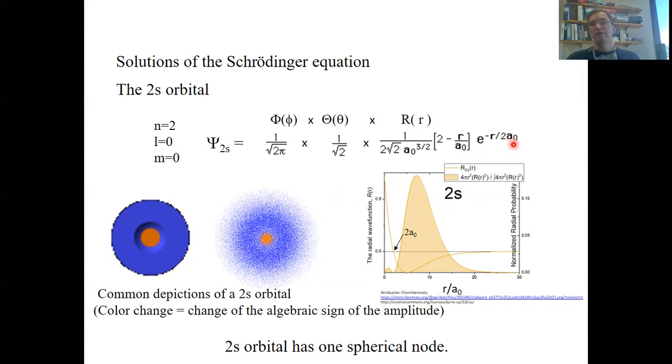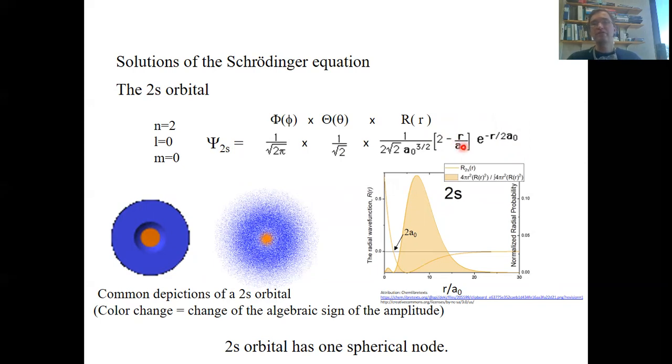When we just look at the exponential term here, the wave function would just exponentially decline as we go further away from the nucleus. But now, because of this part here, the wave function will become 0 when 2 minus r over a0 is equal to 0.